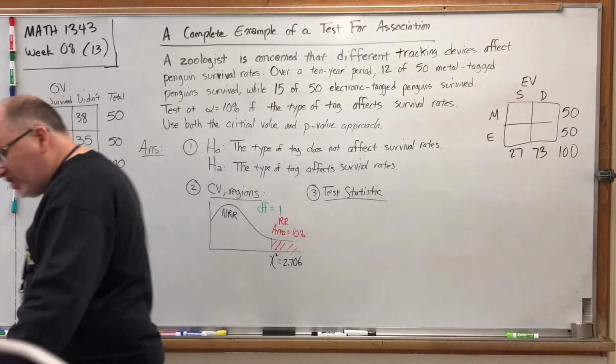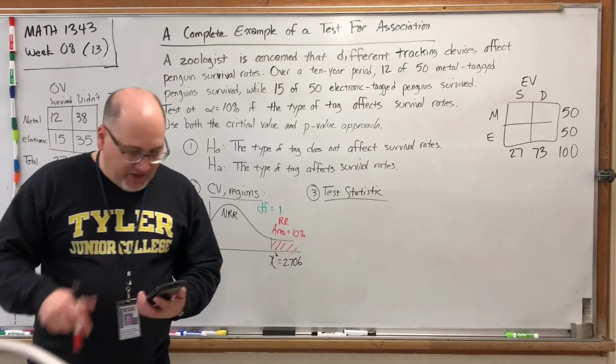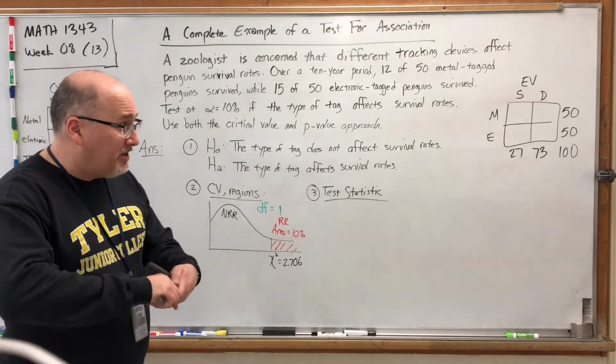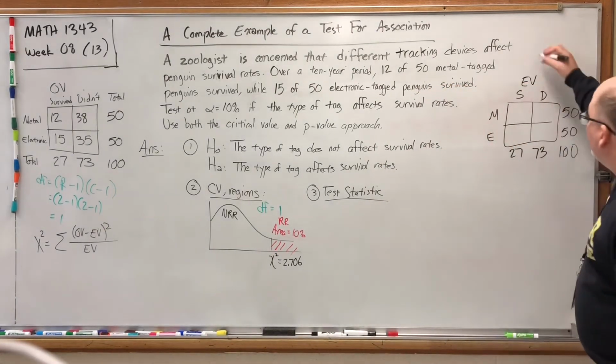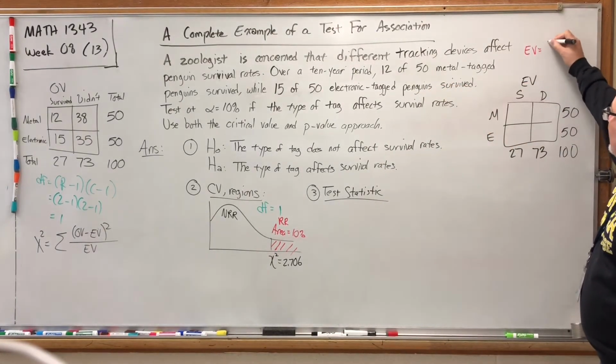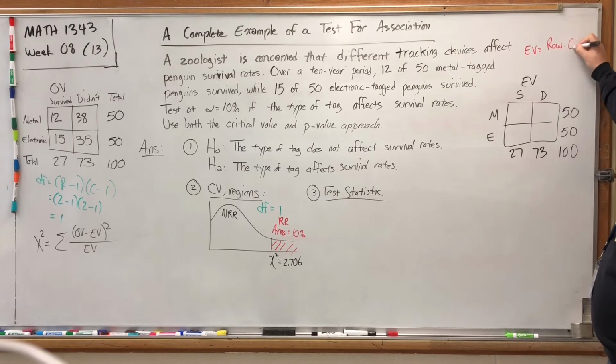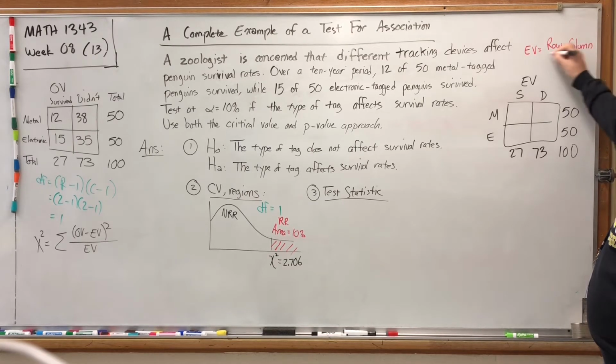And then for each cell in the expected value contingency table, you calculate the expected value by multiplying the row total times the column total divided by the grand total.